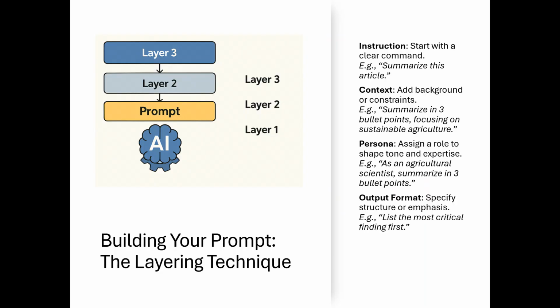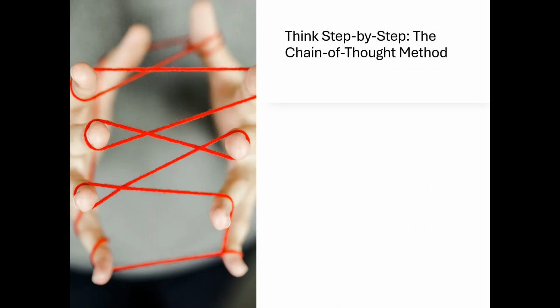You might also then add another layer on top of that to get more precisely what you want. So you might specify a structure or emphasis. For example, you might add, list the most critical finding first, as your format. So each layer, you can see, improves the clarity and the precision of what you get out of your AI model.